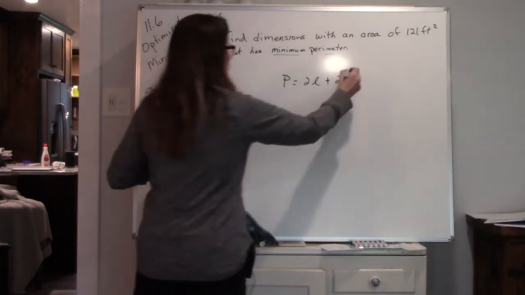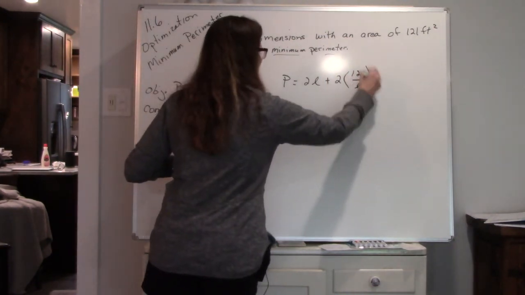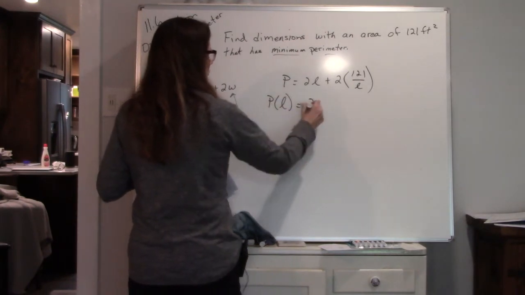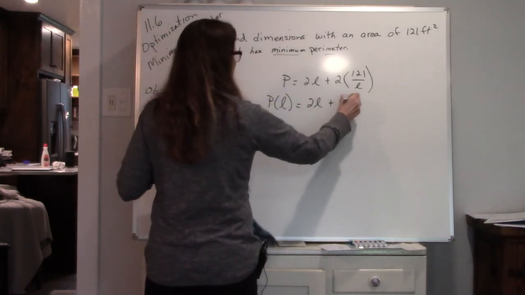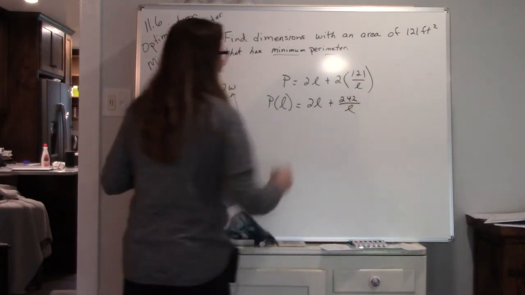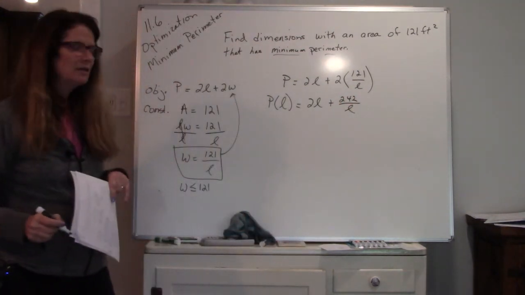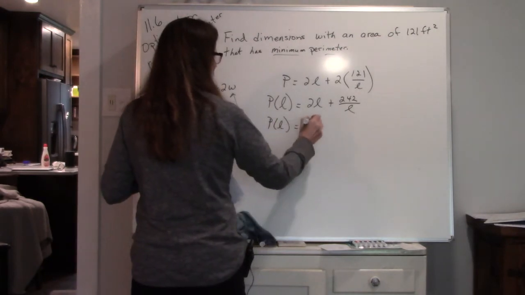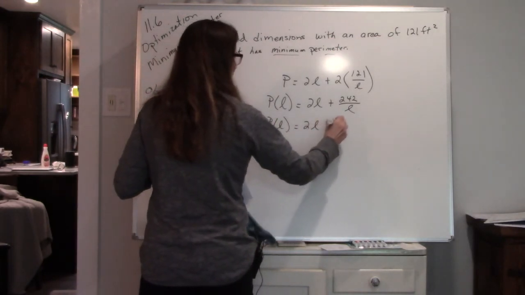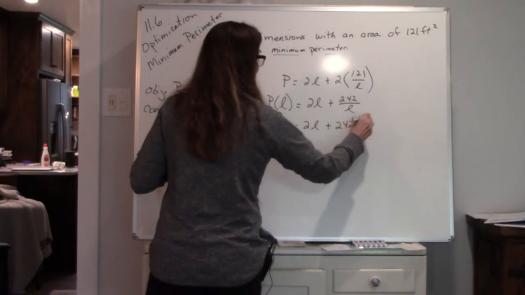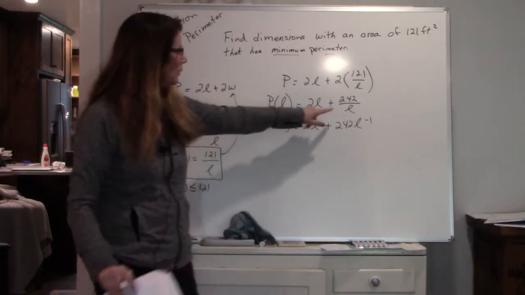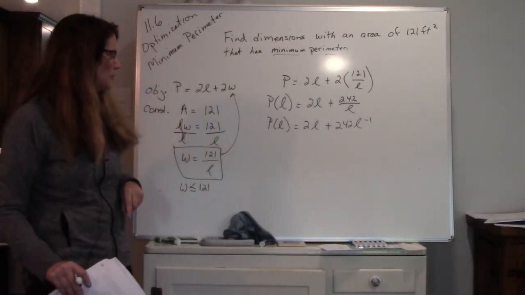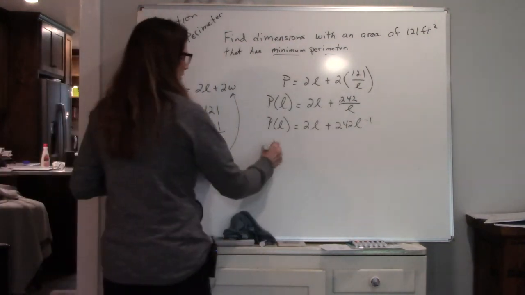Our width is 121 over L. So now we have our perimeter in terms of L. So we have 2L plus 242 divided by L. Okay, so now I'm going to rewrite this so I can find the derivative. 2L plus 242 L to the negative 1. So remember, our L is on the bottom. We push it to the top. It becomes a negative exponent. And now I can find my derivative.